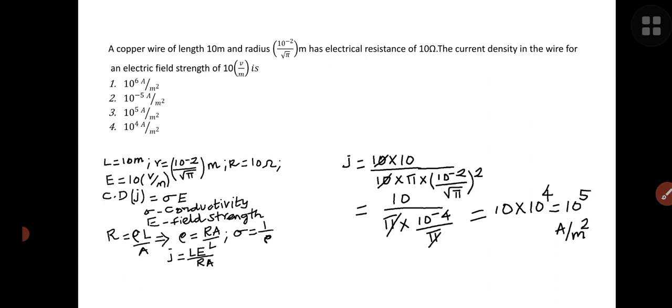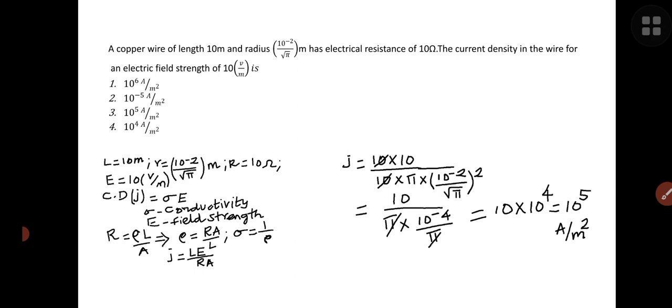Next question. A copper wire of length 10 meter and radius 10 power minus 2 divided by root pi meter has electrical resistance of 10 ohm.